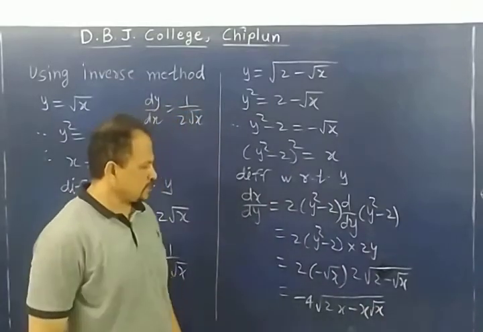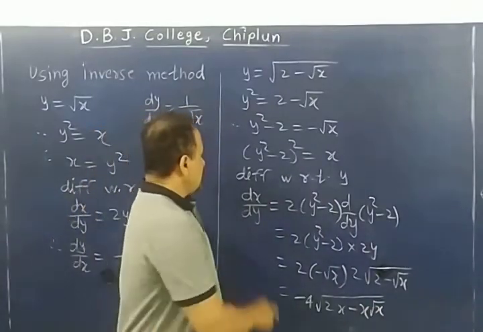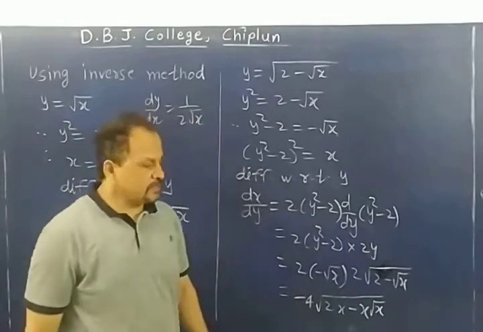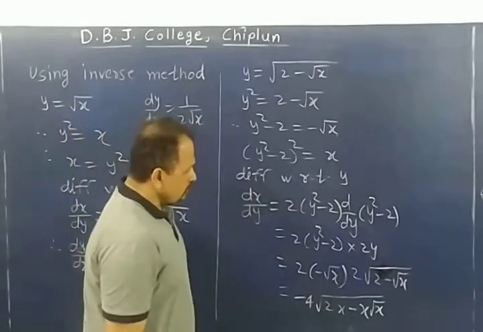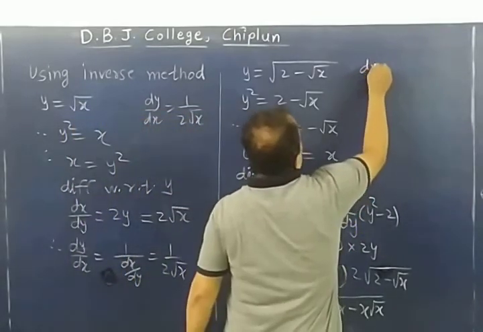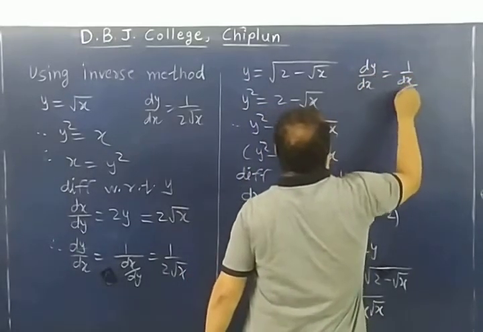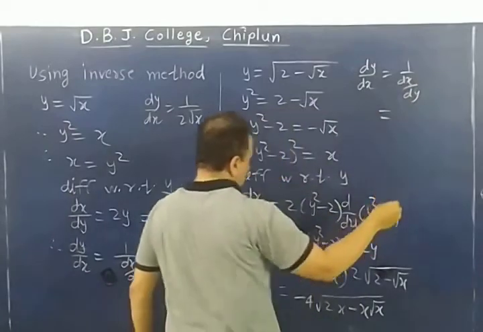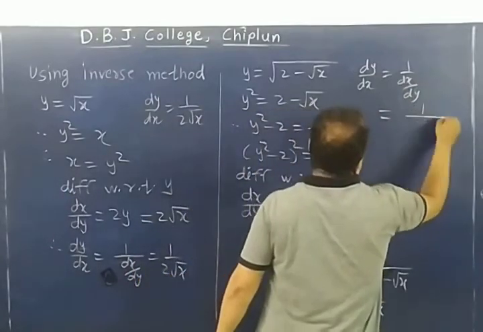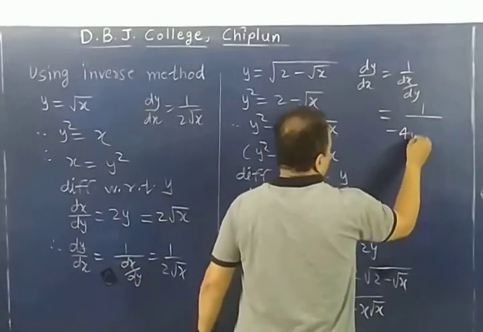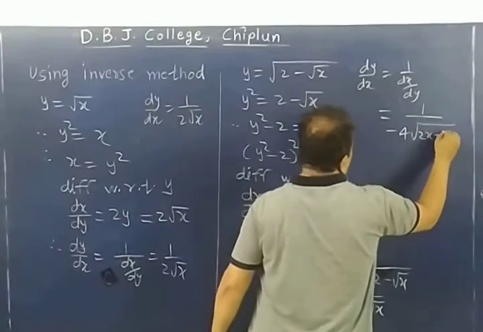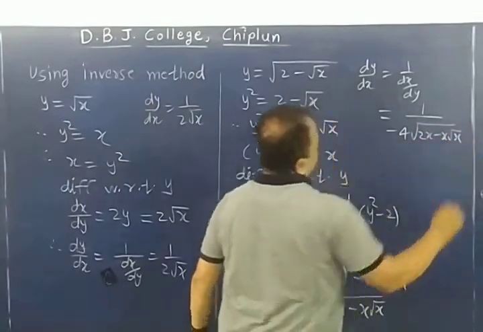Now it is correct. Dx by dy we have obtained. We want dy by dx. Dy by dx is 1 upon dx by dy equal to 1 upon minus 4 square root of (2x minus x root x).